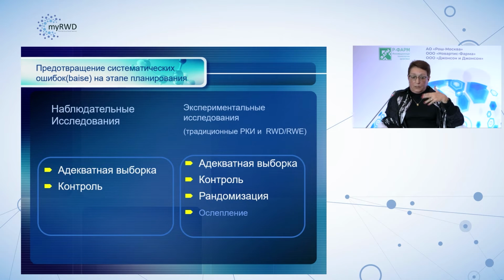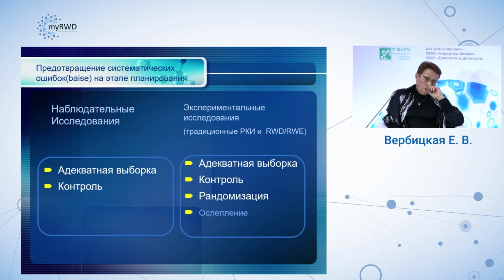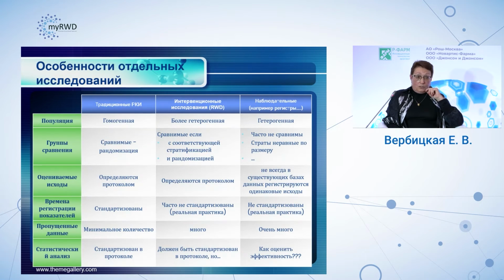RWD trials that are built on real clinical practice are to be in conformity as well. Probably we won't have blinding in these situations because in real practice it is difficult to blind. But in observational trials, we can make an adequate sampling and execute an adequate control. And a lot of issues arise here as well.